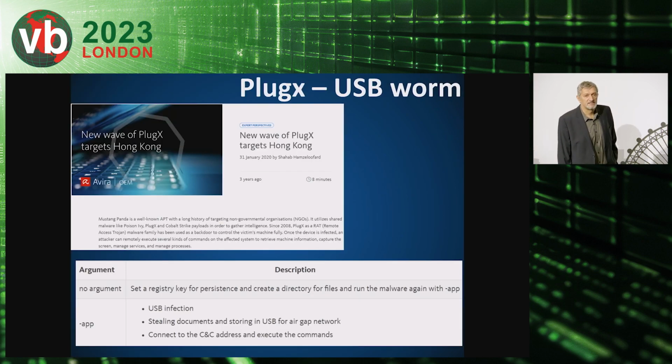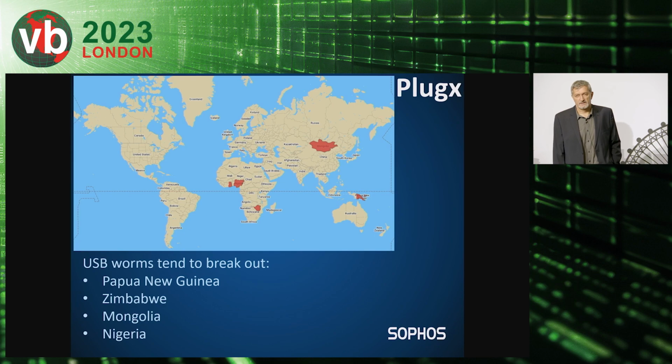3 years ago, Avira researchers reported that a new functionality has been added to Plugx, and that is infecting USB drives and working as a USB worm. And this is what we have seen just recently.